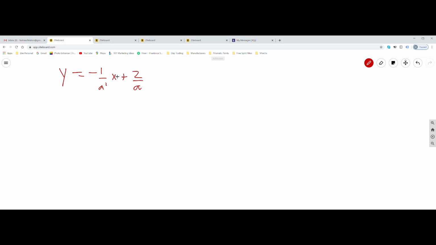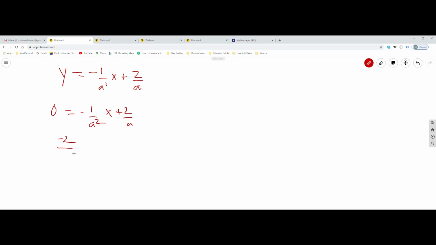If we want to find the x-intercept, we should substitute y as 0. So 0 equals negative 1/a squared x plus 2/a.